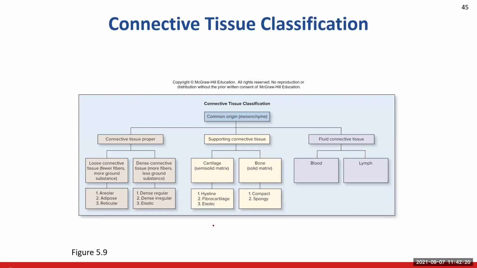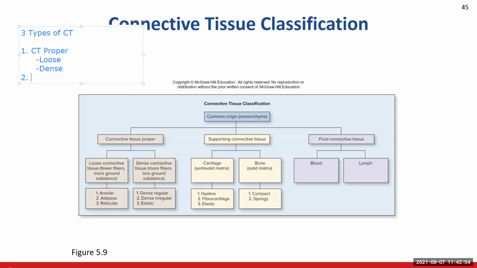When we're talking about our connective tissue classification, we try to break it down for you here. When we talk about connective tissue, there are 3 types. The first type is going to be connective tissue proper, which has loose and dense connective tissue.